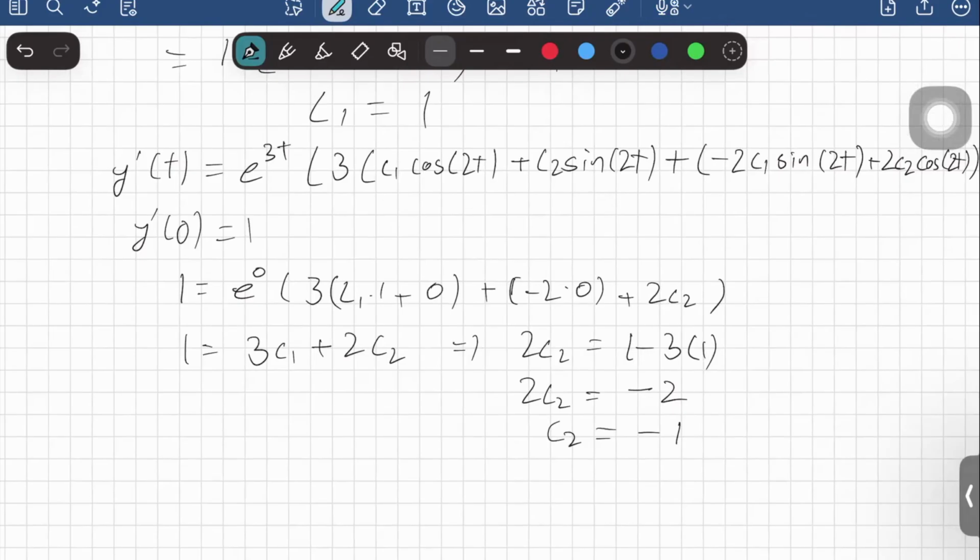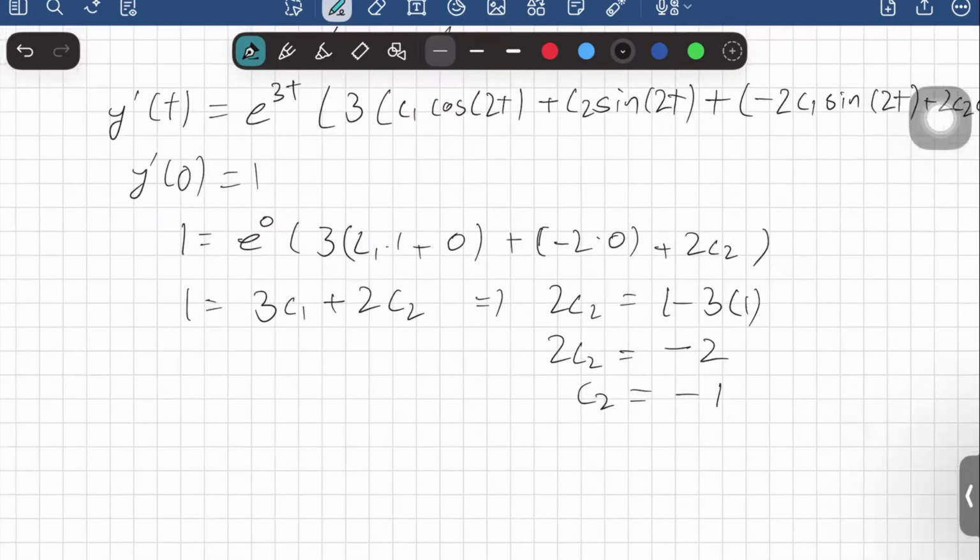Okay, and from this, we already have our final answer for this question, which is y of t is equal to e to the power of 3t. Since our c1 was positive 1, I'm just going to write the value itself, which is cosine of 2t minus, because c2 is negative 1, sine of 2t.